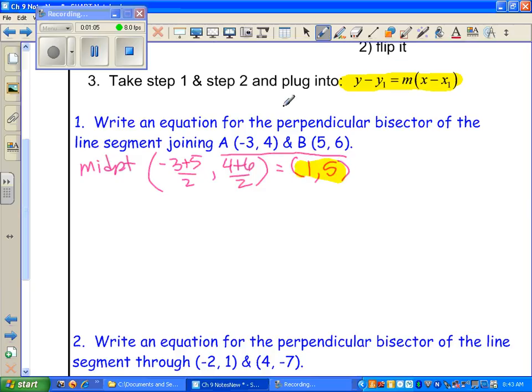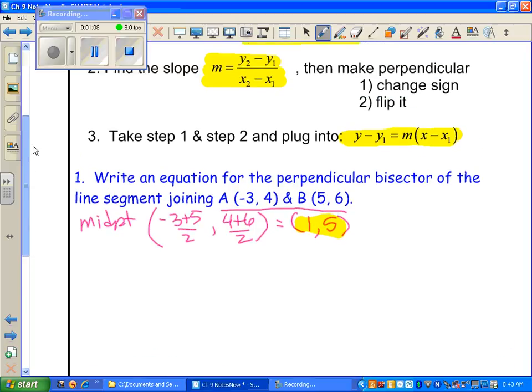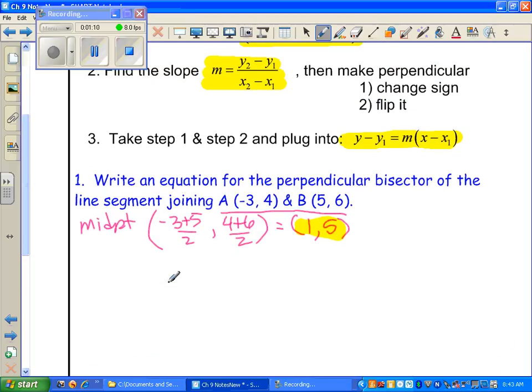I also need to find the slope. Slope formula, if you look back at the top, change in y over change in x. So for the slope, m for the slope, change in y, y2 is 6 minus y1 is 4 over x2 is 5 minus x1 is -3.